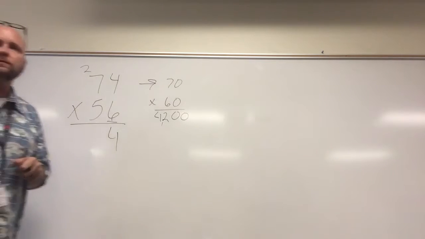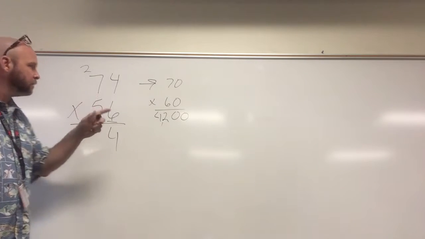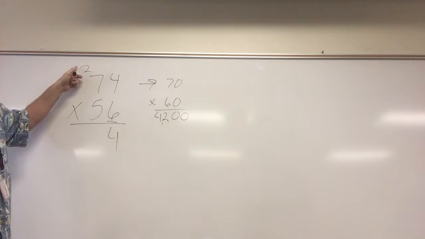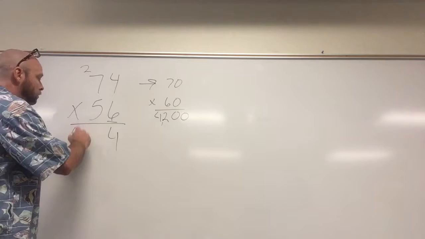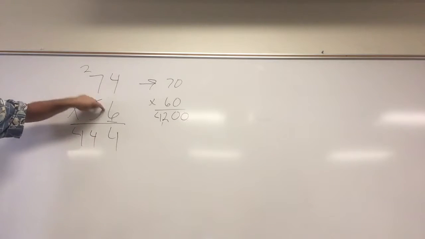We carry our 2. You could add 2 with 7. Not yet. 6 times 7 is 42. 42 plus 2 is 44. You add what you carried after you multiply.